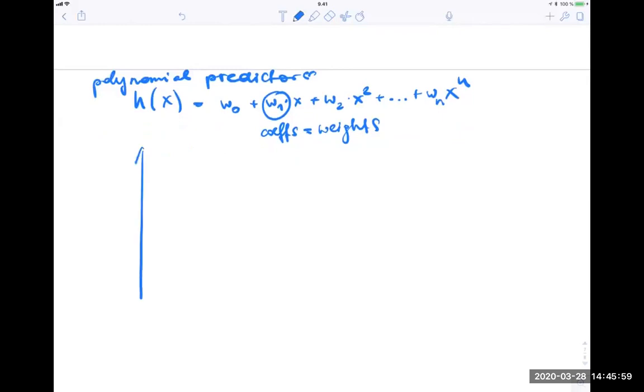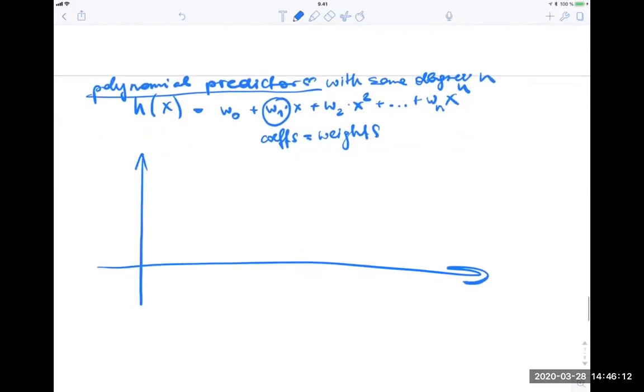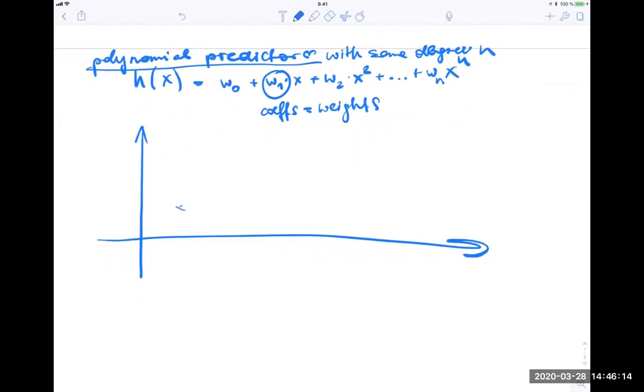And already with this hypothesis space of polynomial predictors with some maximum degree n, we typically need to limit the degree because we only have finite computational resources. Already with this hypothesis space, we can perfectly fit any data set.